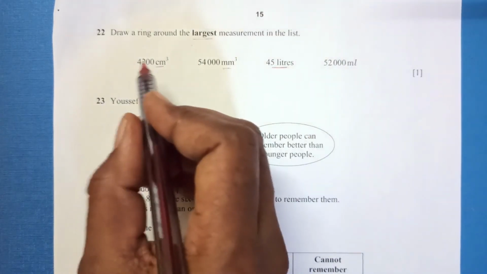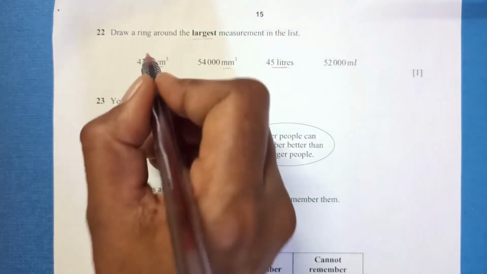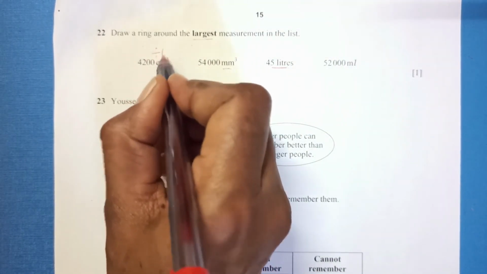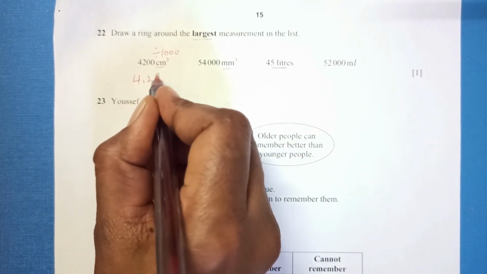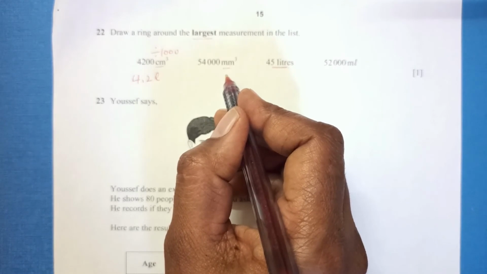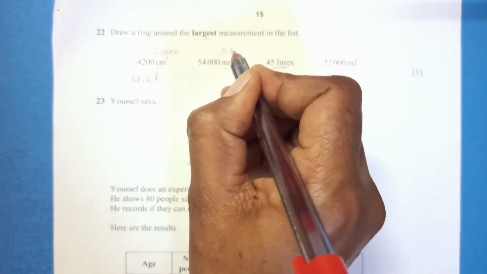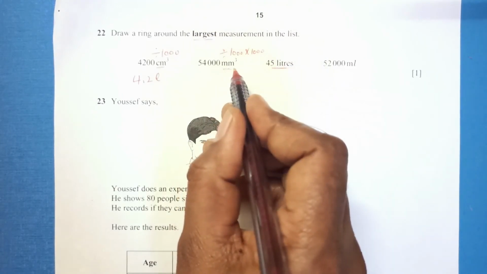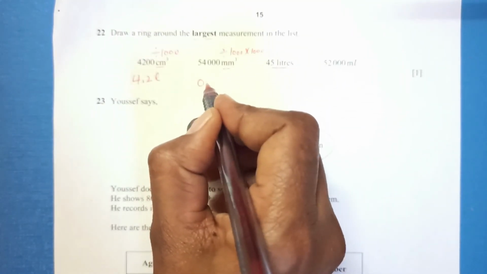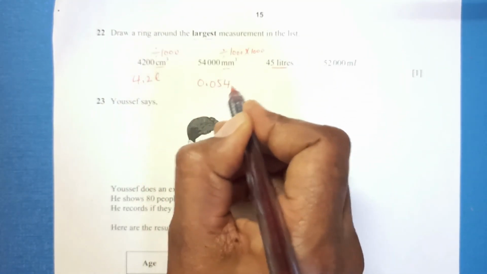So when you divide this by 1000, you will get liters, which is 4.2 liters. This one you have to divide by 1000 first, then again by 1000, because this is millimeter cubes. So this comes out to be 0.054 liters.